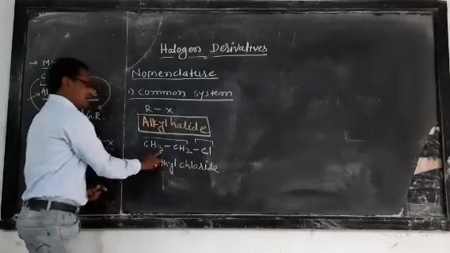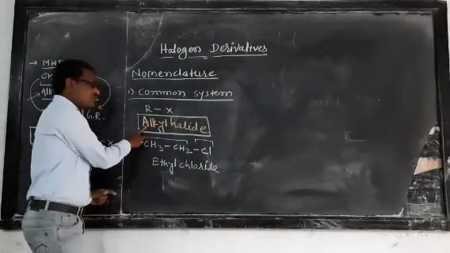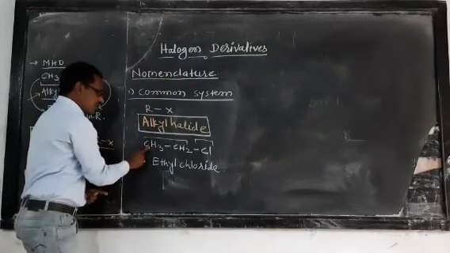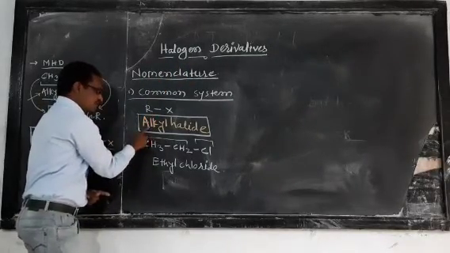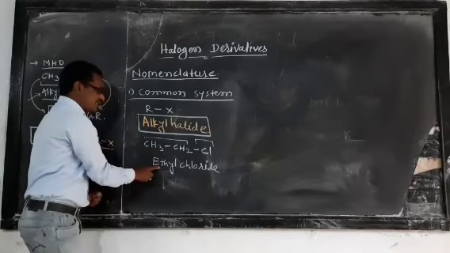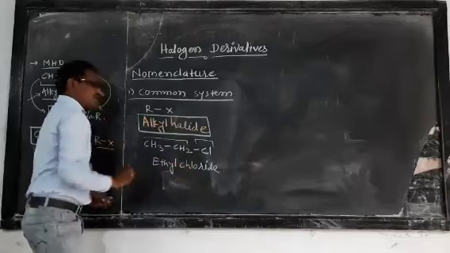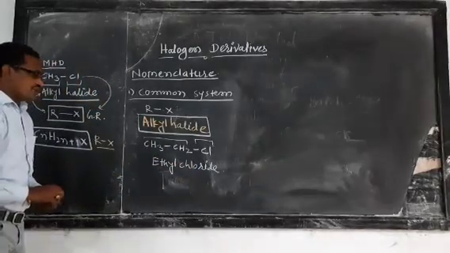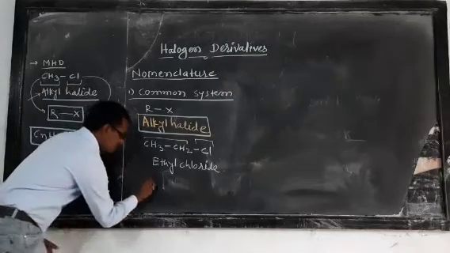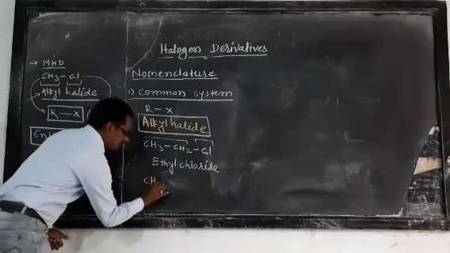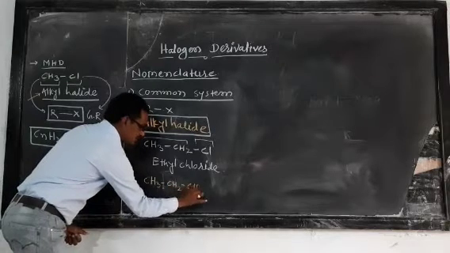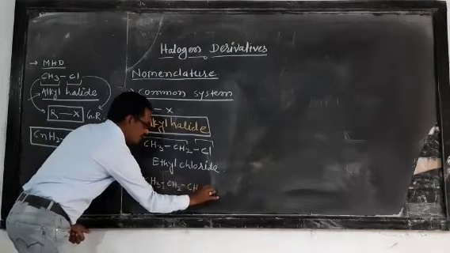Why ethyl chloride? According to this system, we first write the name of the alkyl group, so I have written the name of the alkyl group. Then I have written the name of the halide, that is chloride. Another example I want to take here: CH3CH2CH2Br.